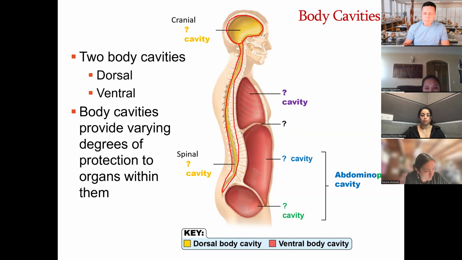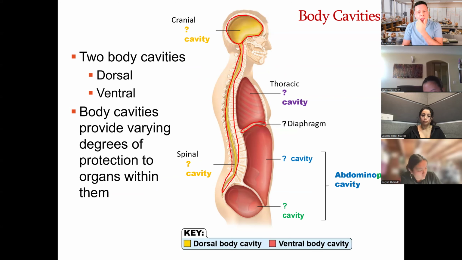Okay? Now, in the front of the body, we have another cavity called the ventral body cavity. And this ventral body cavity is subdivided into smaller cavities. The one that is superior to the diaphragm, which is a muscle right here that is very important for respiration, is what we call the thoracic cavity.